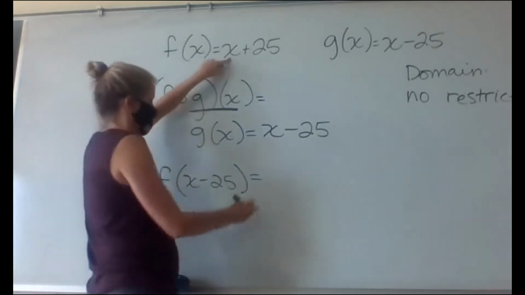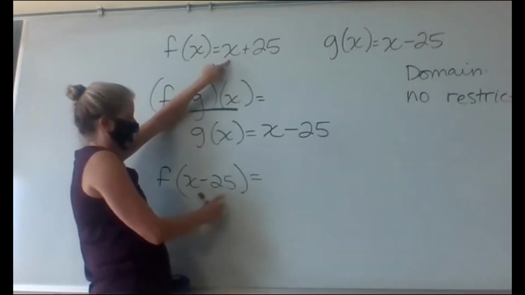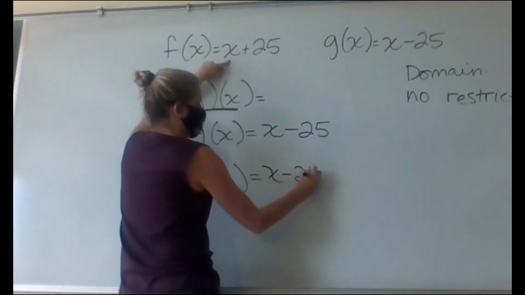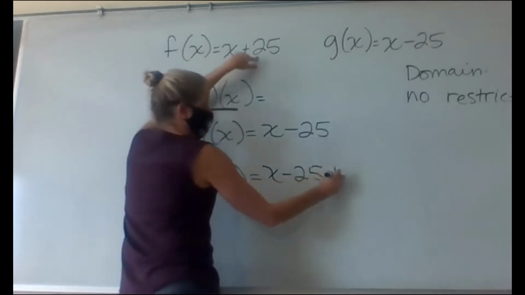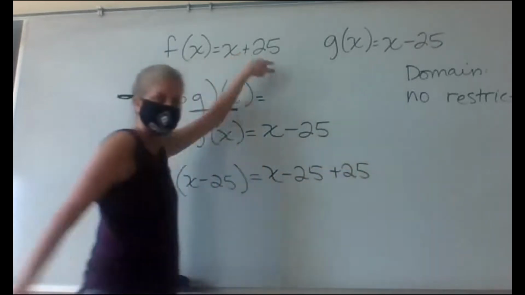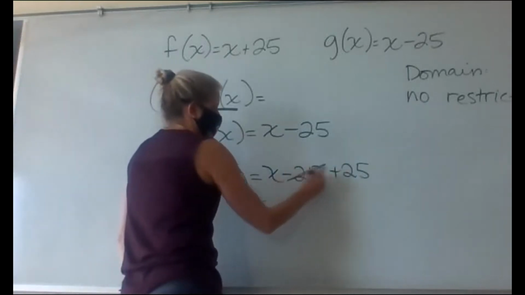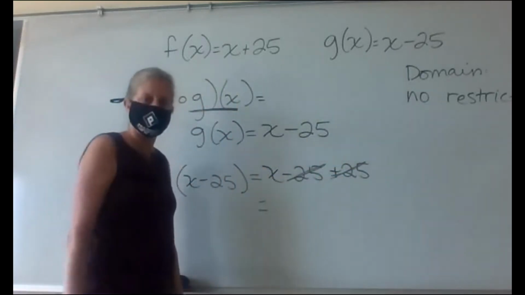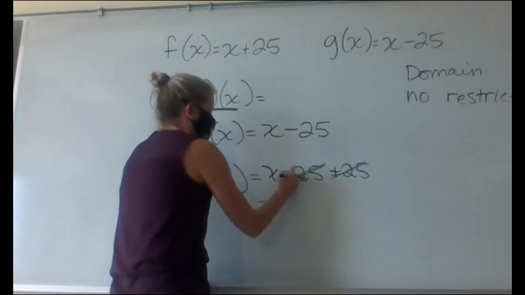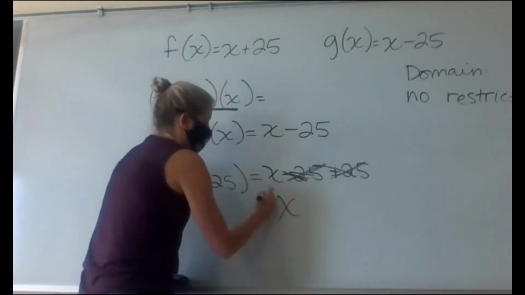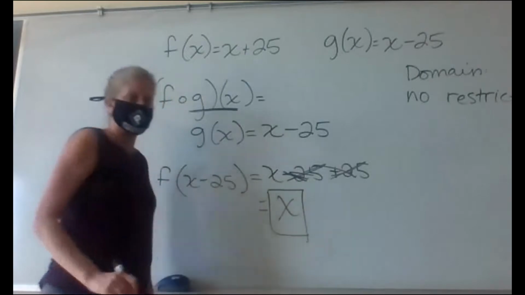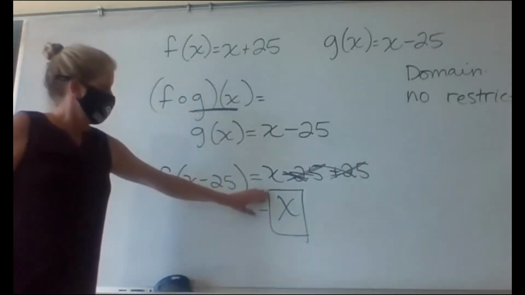So let's see, there's my x right off the bat. So instead of writing x, I write x minus 25, then bring down the plus 25. What happens when I combine the negative 25 and the positive 25? They just cancel each other out, which means I am just left with x. So that's the composition of the functions.